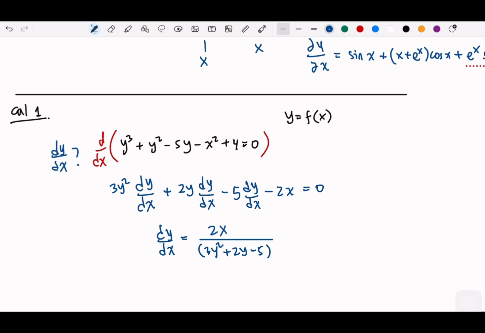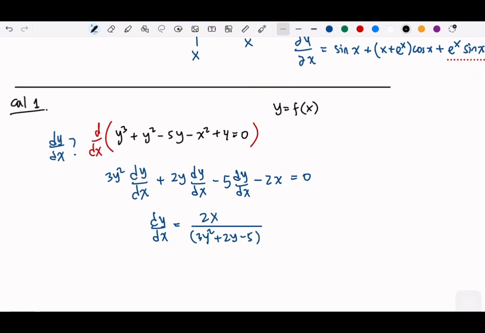Now, suppose that this function is our f. Our f has two components, xy, and y also has x.